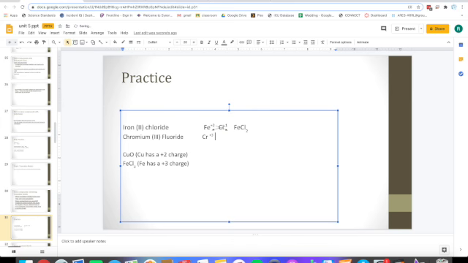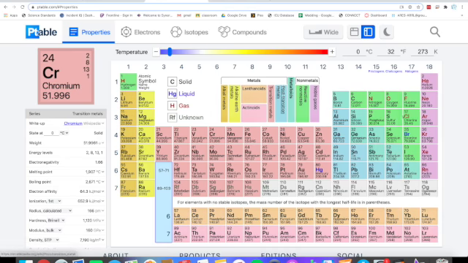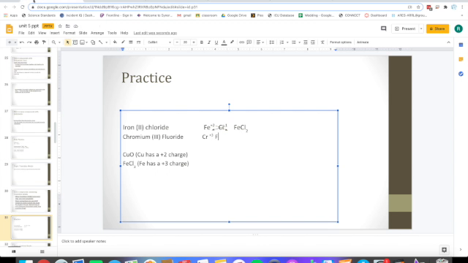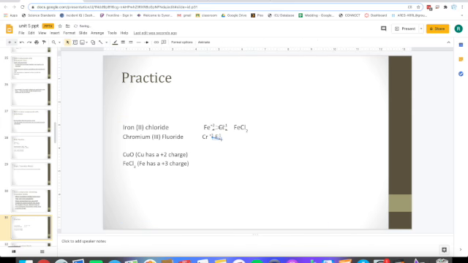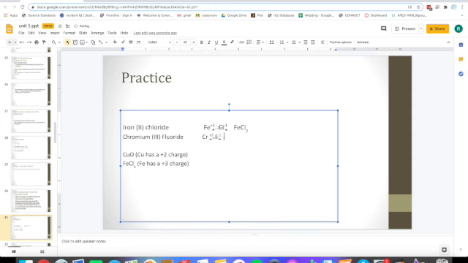And then fluoride is fluorine. If we look at the periodic table, it's in this column right here, which has a -1 charge. So the 3 will go with the F. The 1 goes with the Cr. So when we crisscross those, that gives us CrF3.